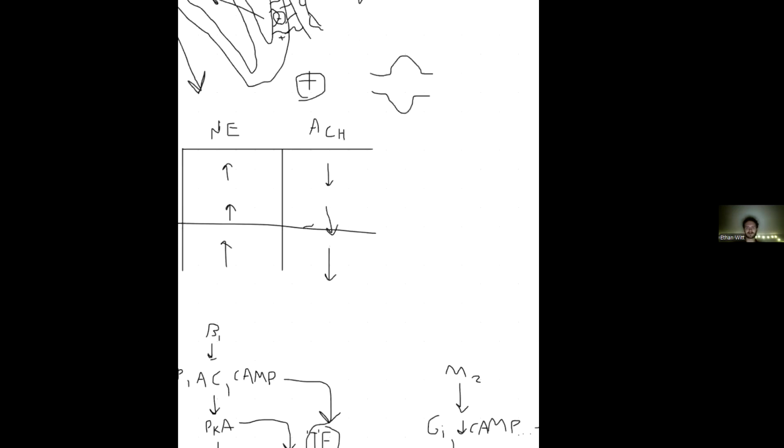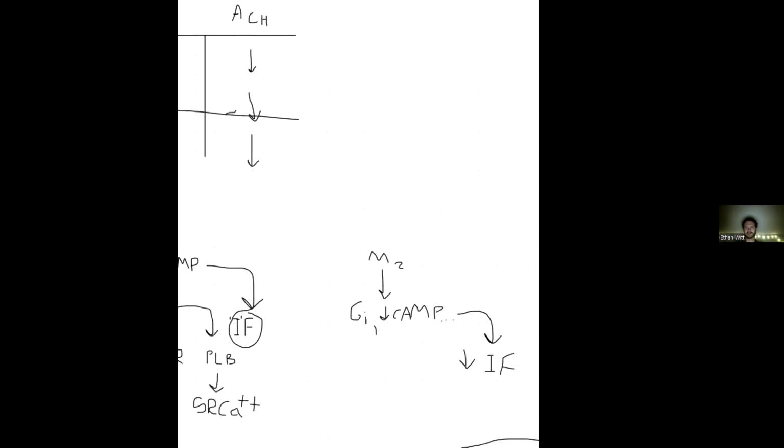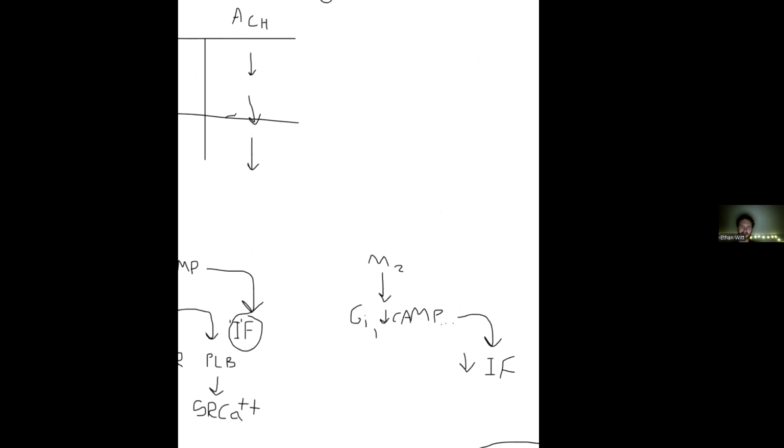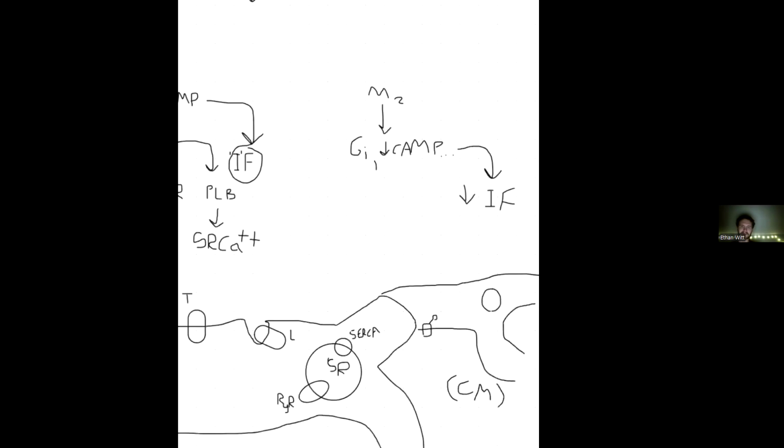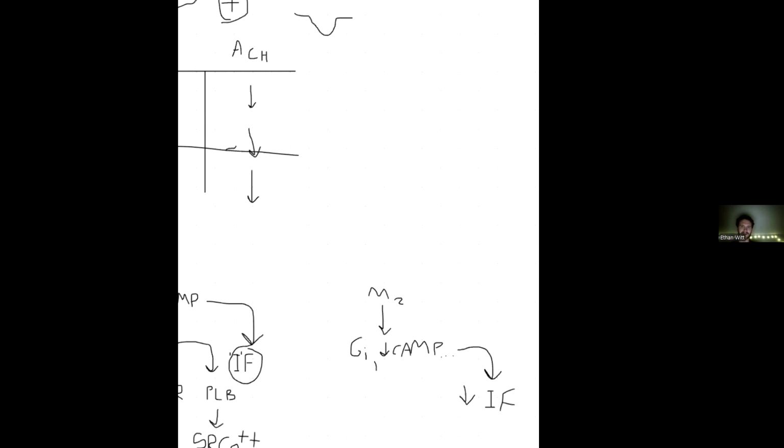So let's move on. Like I said, I'm trying to keep this short and sweet, but this is an interesting subject to me, so I want to get it right. Acetylcholine.